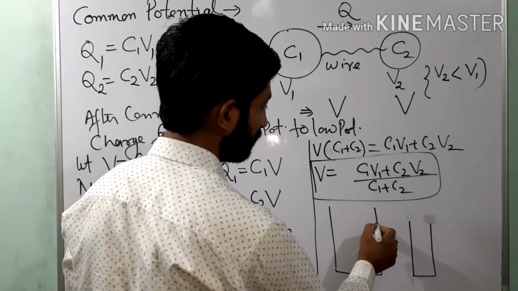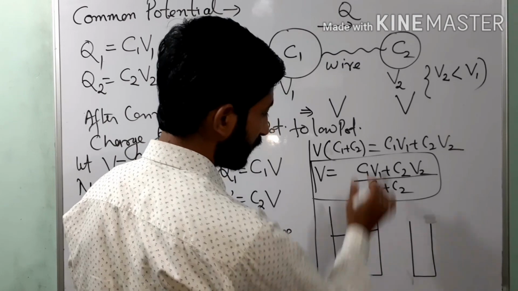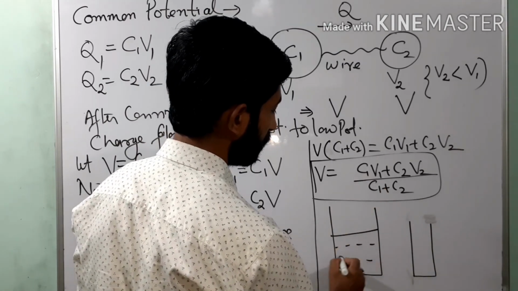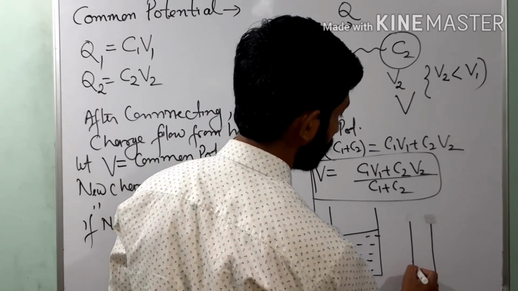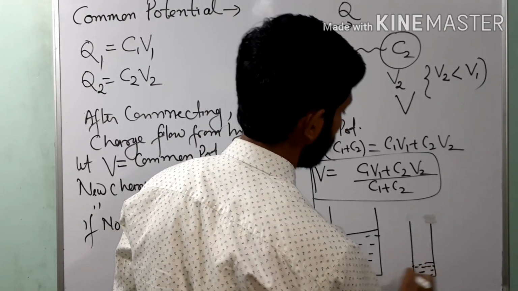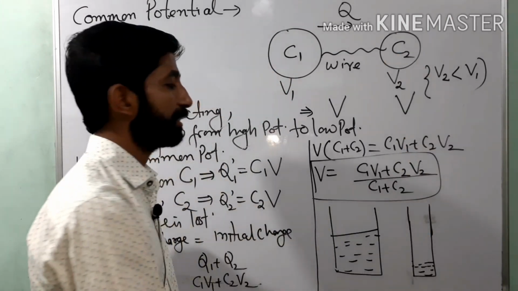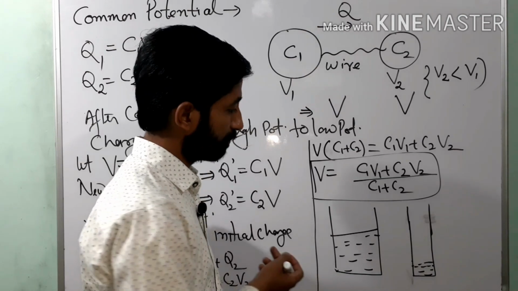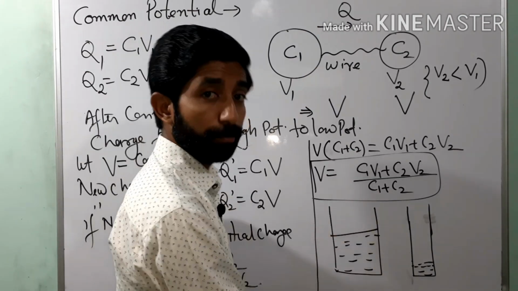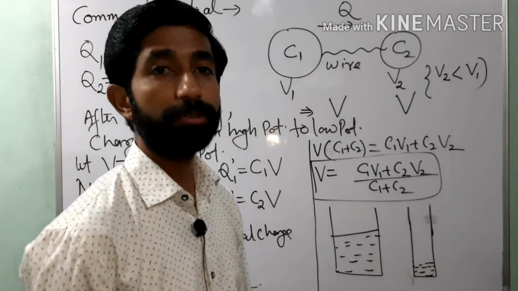and this capacitor or this container has liquid up to this level, and this one has liquid up to this level. Okay, say their heights are equal. So this one contains more water, and this one contains less quantity.